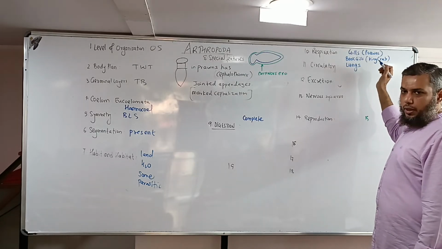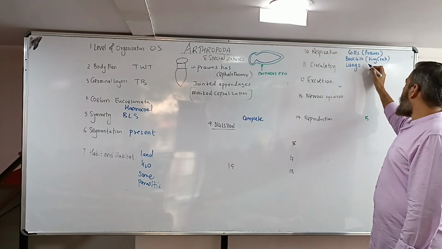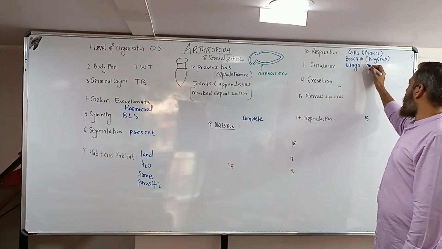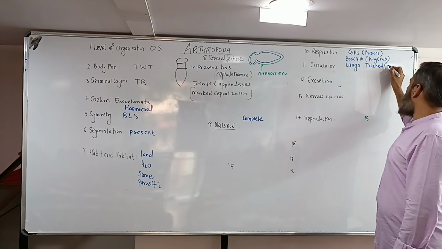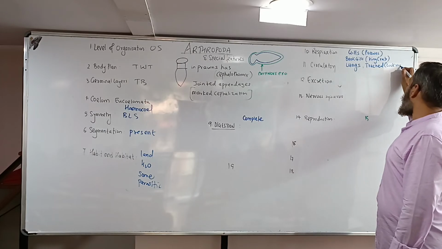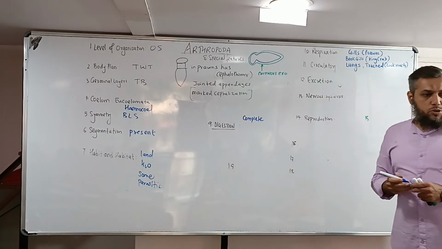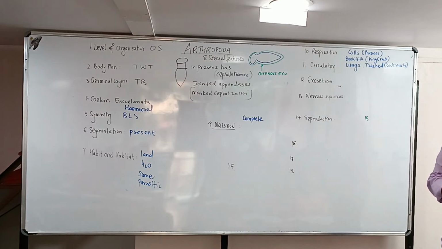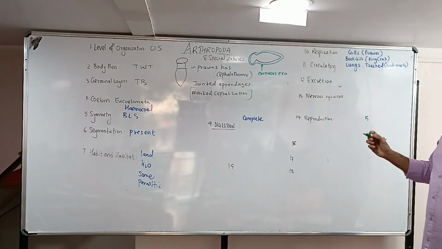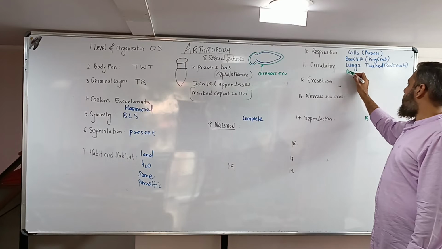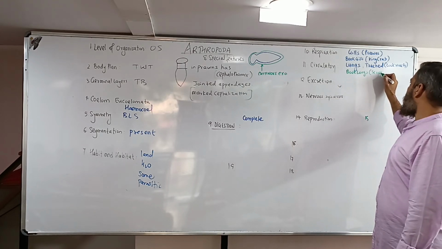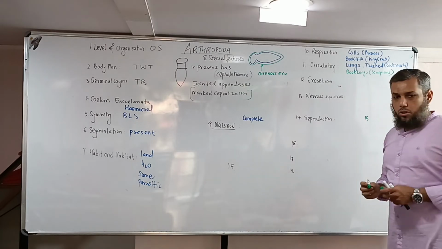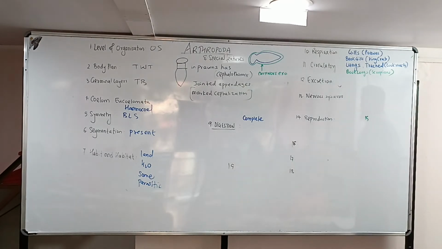In the case of insects, they show a tracheal system, like the cockroach. That system is called tracheal. Some of them show book lungs, like scorpions. So can I say they have different modes of respiration?